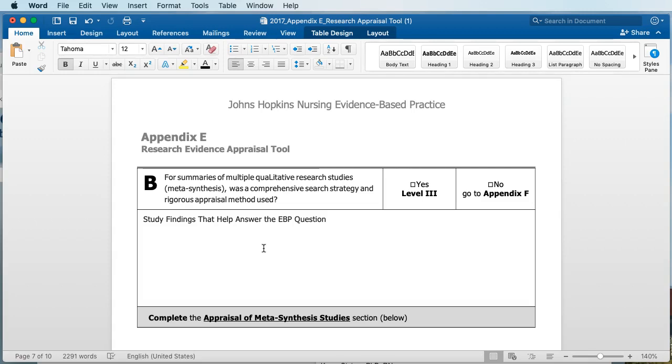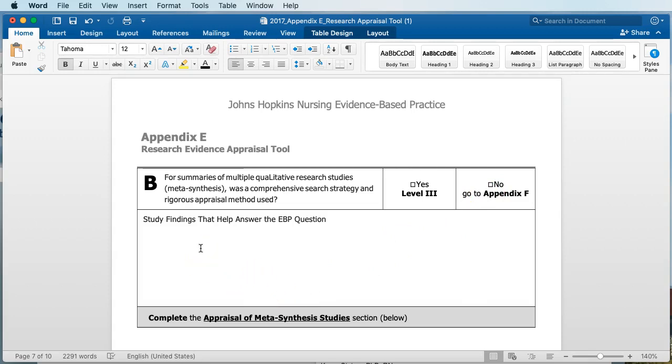So it's a systematic review of qualitative work as opposed to a systematic review of quantitative work. So it's a level 3, and if there wasn't a systematic review as described, then this is considered probably a literature review or an integrative review. As we said above with quantitative research, you now need to use Appendix F.